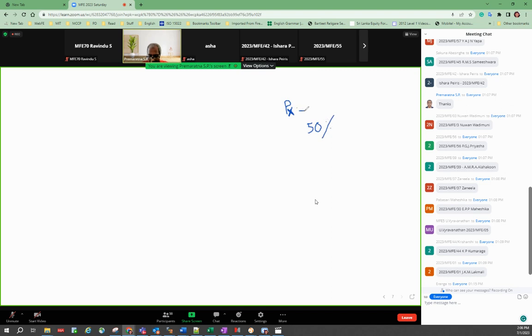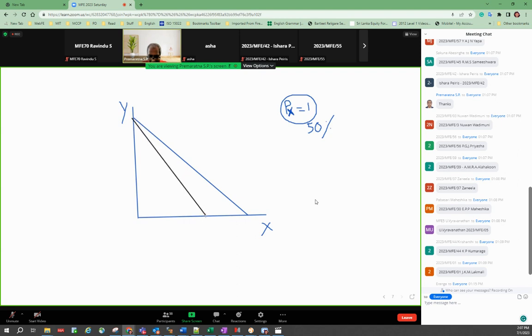Now the original price is $1, X here, Y here. What happened? The government imposed a tax, so after tax the price increased by 50%. Then the budget line moves clockwise.